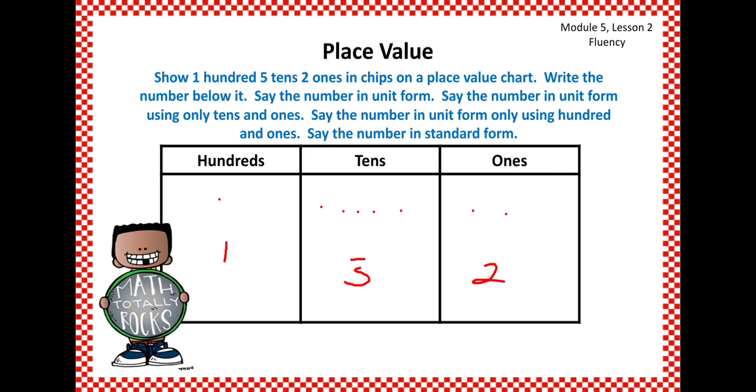Using hundreds and ones only, we are going to have 1 hundred 52 ones. So let's say the number in standard form now. To say this number in standard form, the number is 152. 152 is the standard form of saying this number.